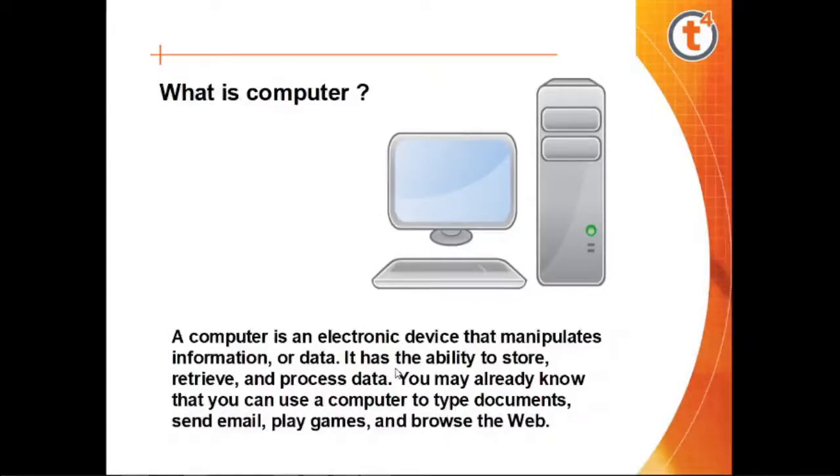It has the ability to store, retrieve, and process data. Like Android phones, you can use a computer to send emails, play games, and browse the web with the help of the internet.